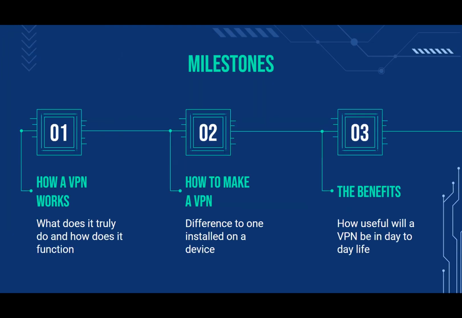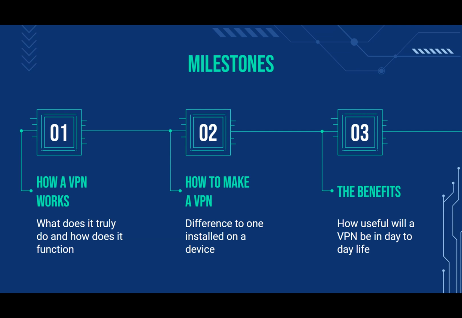We basically had three main milestones in mind. First, at least I and my partner both knew what a VPN is, but we truly want to see exactly how a VPN works, not just what it does, but how it functions. Also, of course, we want to see how we can make our own.